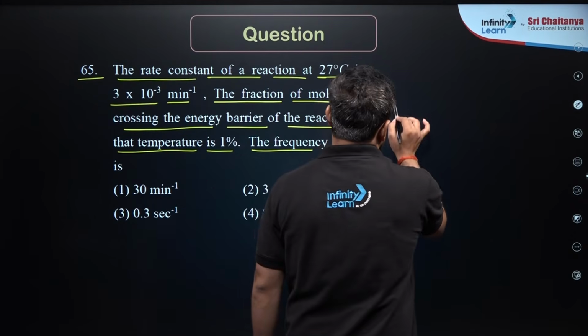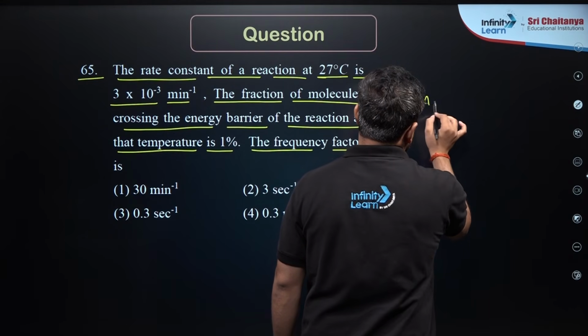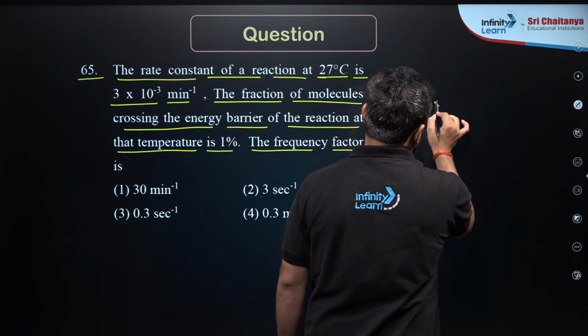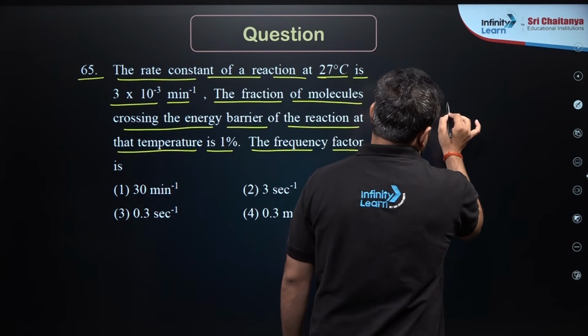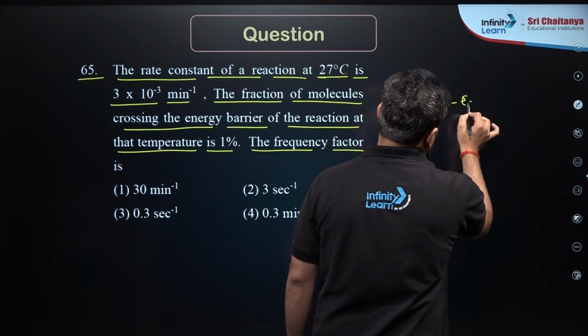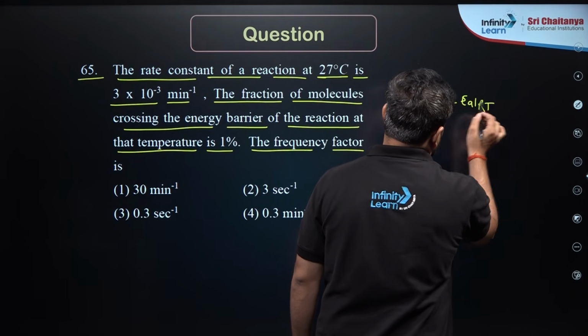So what is the formula? K equals A multiplied by e to the power minus Ea by RT. This is the Arrhenius equation.